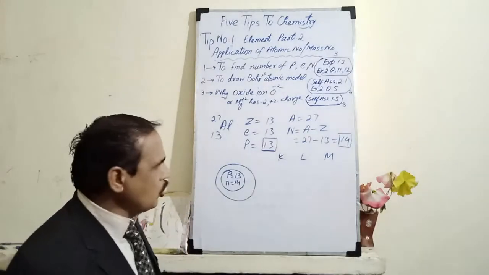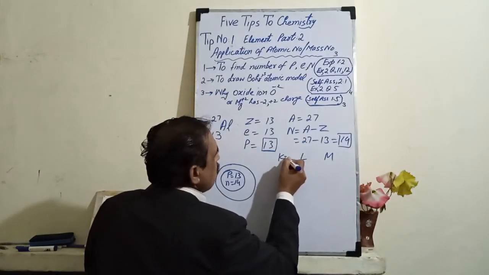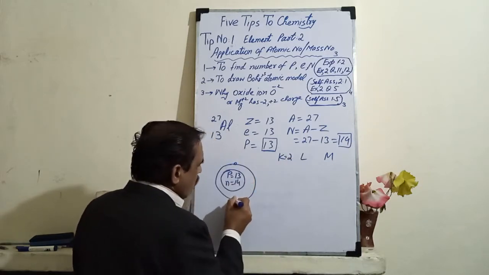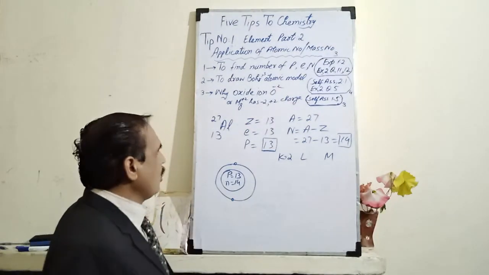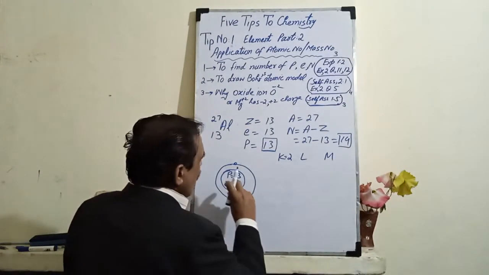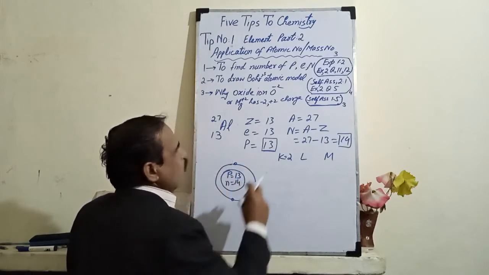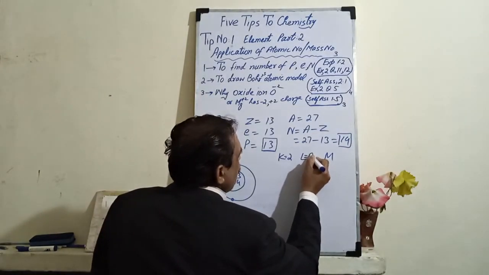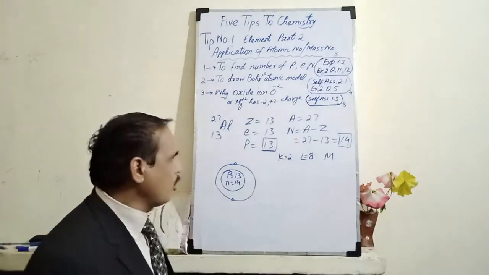And in the first shell, you all know there are 2 electrons. So there will be 2 dots which are the symbol of electron. You have marked 2 electrons, but you have 13 electrons. In the second shell, that is L, you will mark 8 electrons.